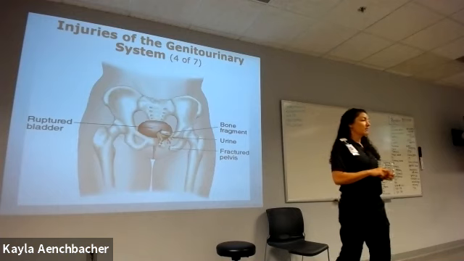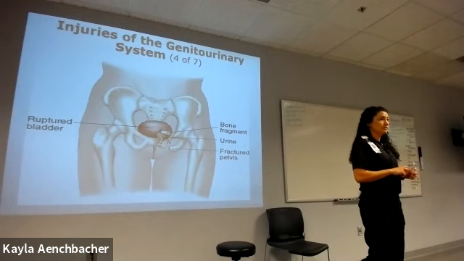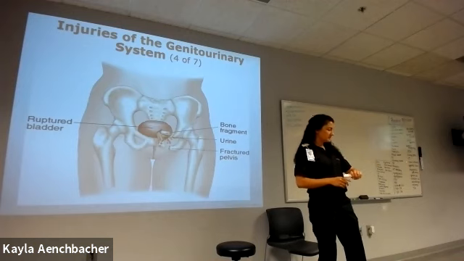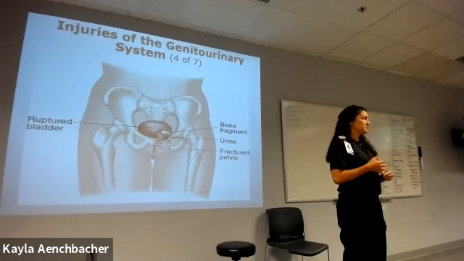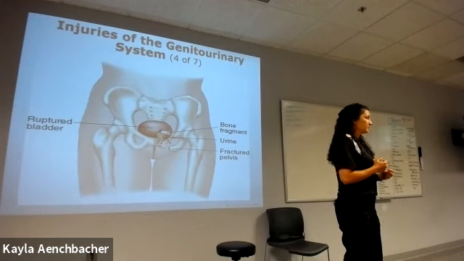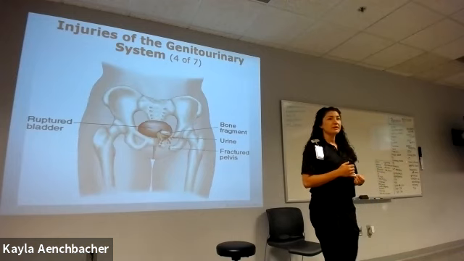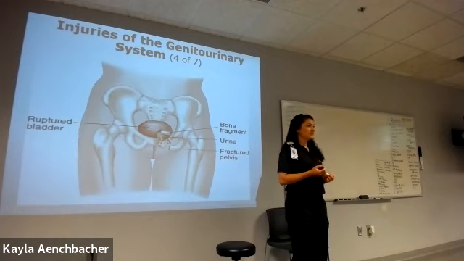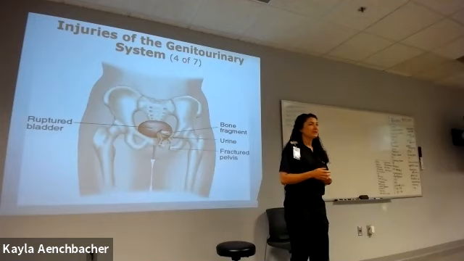Who is this more common with? Geriatric patients, we do see a higher instance of pelvic trauma in geriatrics. But who else? Significantly pregnant women, especially in that third trimester. Why? The bladder doesn't really move, but it does move down a little bit. It's constantly under pressure.